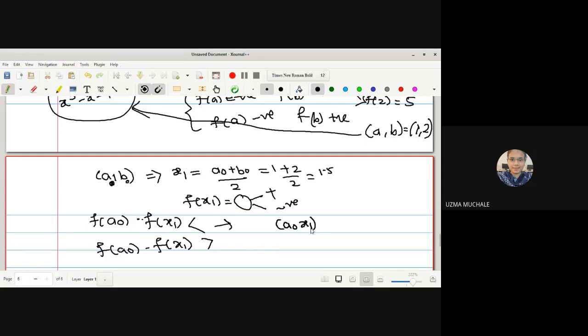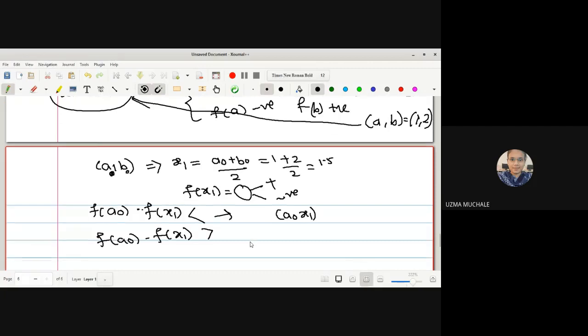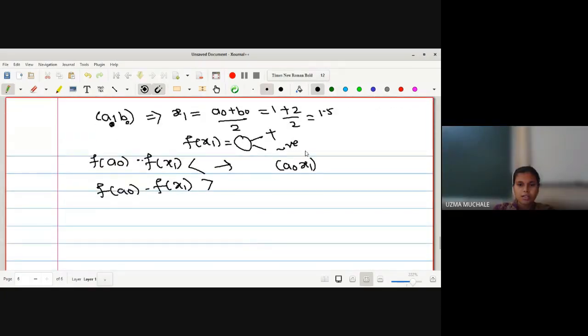The interval now becomes smaller. Initially it was A naught to B naught, just like the example 1 to 2. The next one is 1.5. Instead of the interval 1 to 2, we have now reduced it to 1 to 1.5.